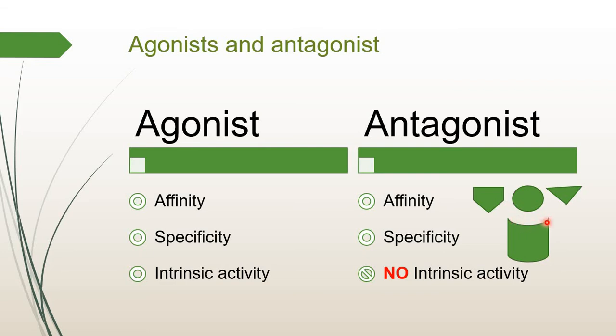It can be put here in this cylindrical shape. So now it is specific for this particular receptor, but not specific for this one or this one. If the inclination of this and this is toward the receptor, the more the inclination, the more will be the affinity. So now I hope you understand agonist and antagonist.